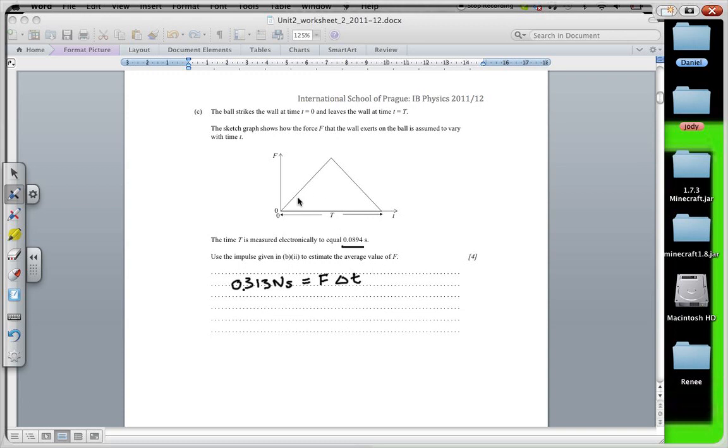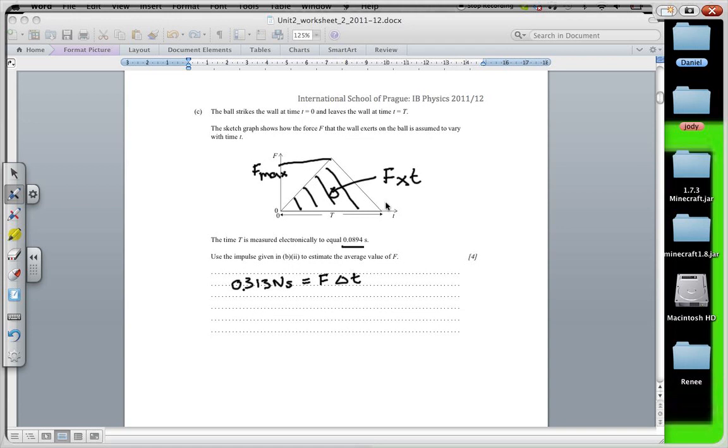Now, this area here would actually be a force times the time amount. So this is going to give me an impulse amount. So if I work that out, then that value over there is my F maximum.